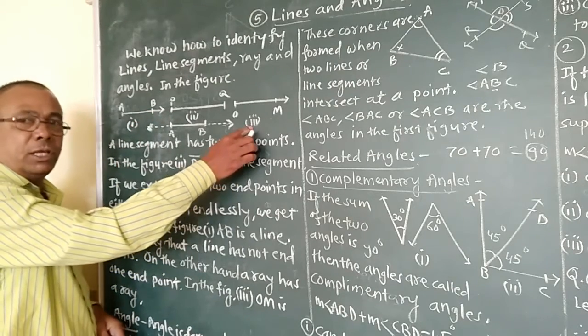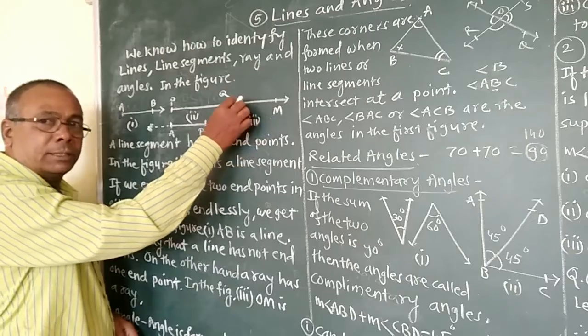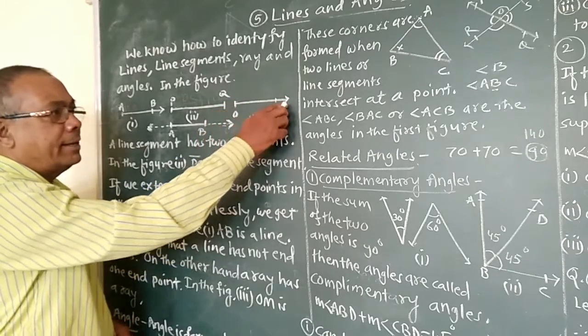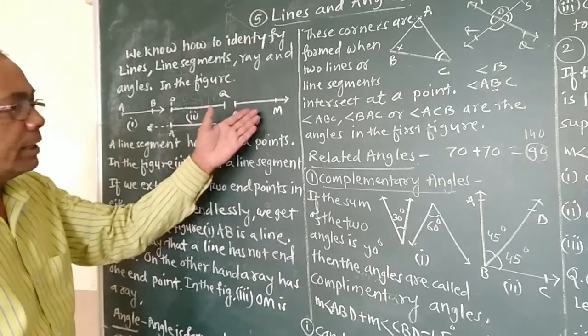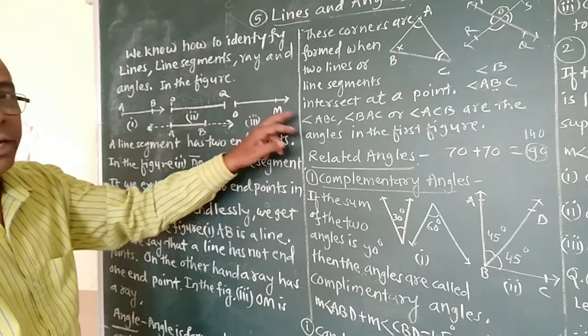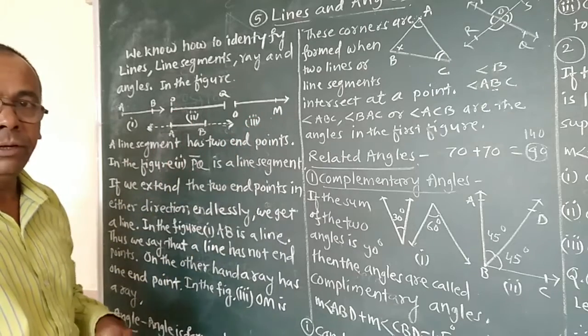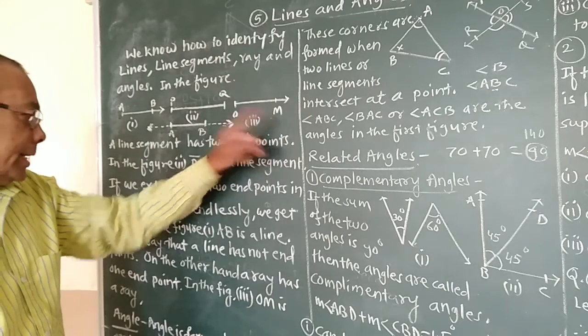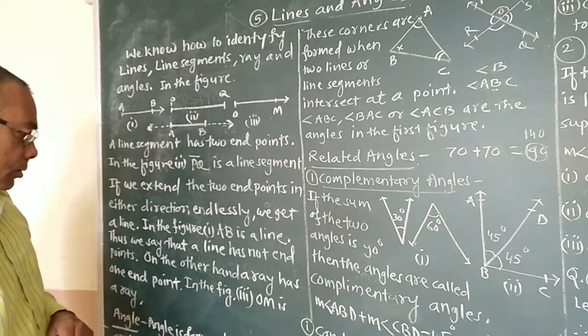Here in figure 3, OM is a ray because O is the endpoint and M is not an endpoint. It is extended endlessly on one side, and therefore OM is a ray.